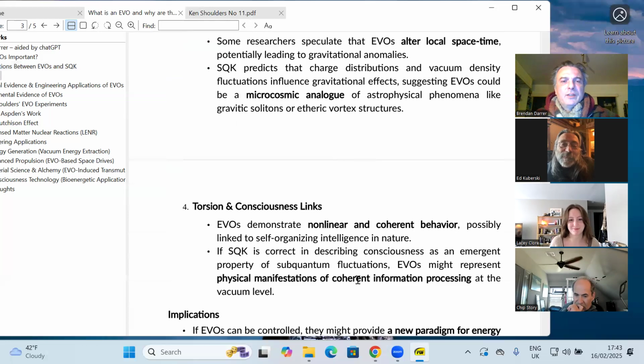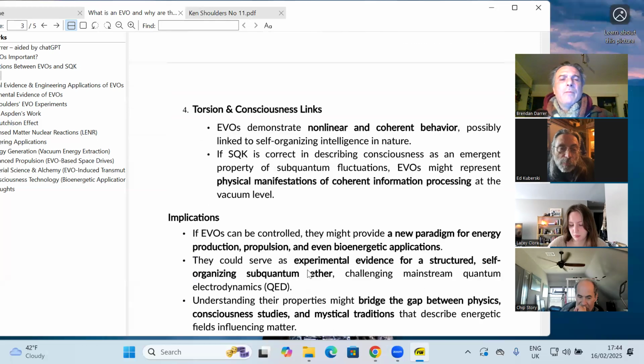Okay, I'll just finish this off. Number four, torsion and consciousness links. EVOs demonstrate nonlinear and coherent behavior, possibly linked to self-organizing intelligence in nature. If SQK is correct in describing consciousness as an emergent property of subquantum fluctuations, EVOs might represent physical manifestations of coherent information processing at the vacuum level.